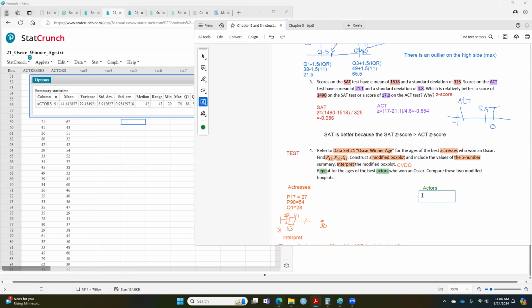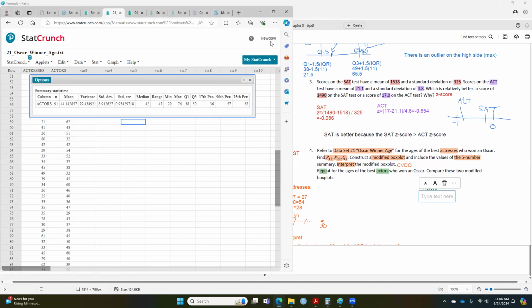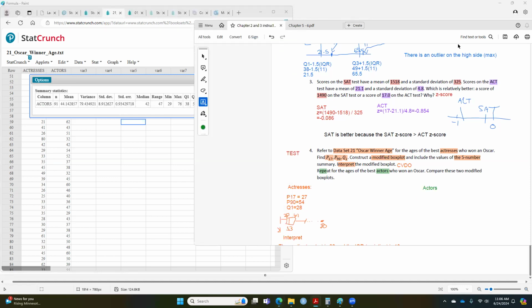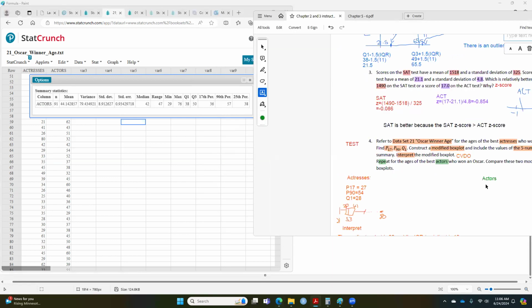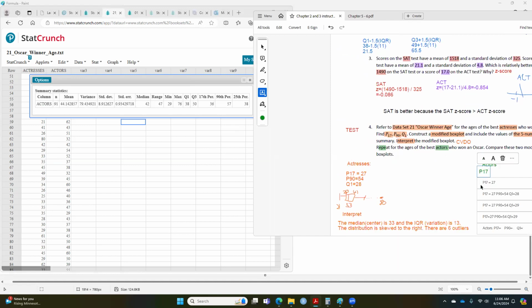So now we are doing the actors variables in this case. The percentiles are right over here, so I am going to write this on the side here. There you go. The 17th percentile in this case is 36.